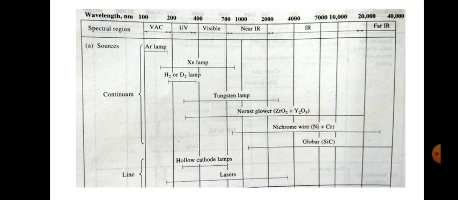Similarly, when we talk about IR, usually in an infrared spectrophotometer we have the Nernst glower or the nichrome wire, which is a preferred radiation source.